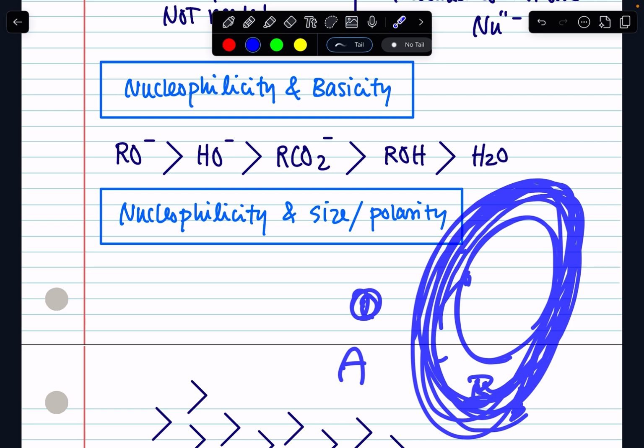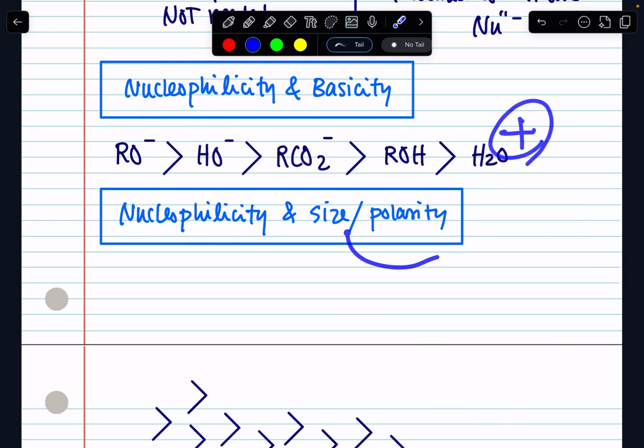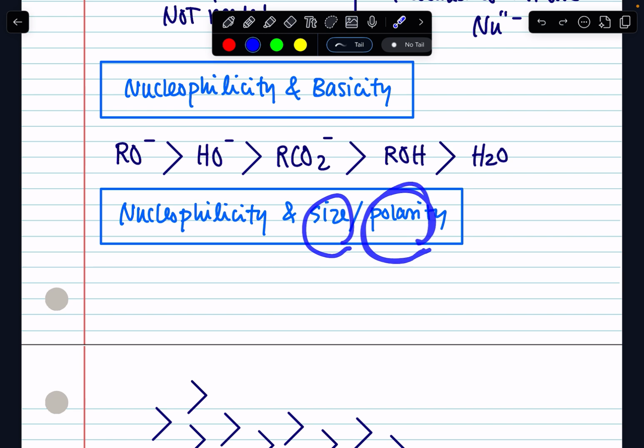And if you're bigger, you would expect that you become a better nucleophile too, because in that case, you would have more negative polar regions around you so that you can attack a positive region. Remember, if you cannot be polar because you're too small, then how are you going to attack a positive center? You can't. So the idea here is that if you're bigger, you can be more polar, you can be more charged, probably negatively in this case. And in that case, you can become a nucleophile and attack a positive center.